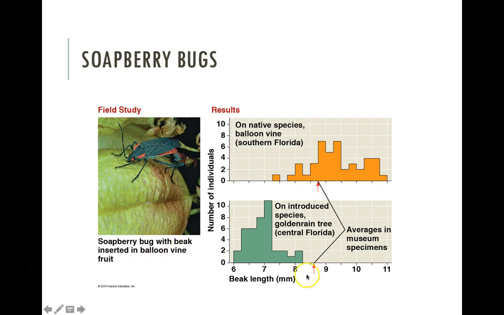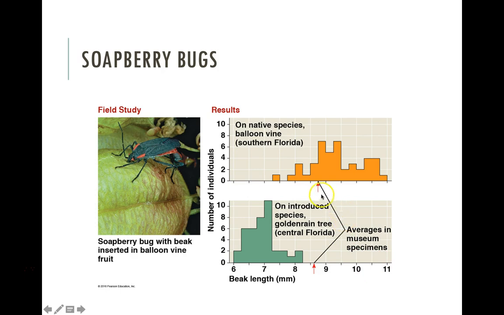These are two graphs that show the individual beak length and the number of individuals feeding on the golden rain tree fruit. This is the historical average beak size, or mouth part size, although they say beak too, beak length, of these species.